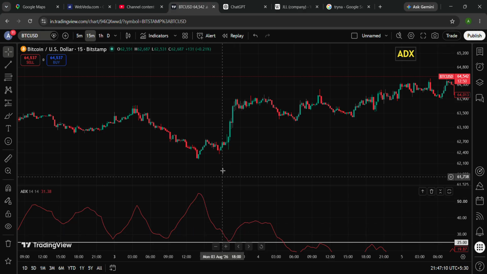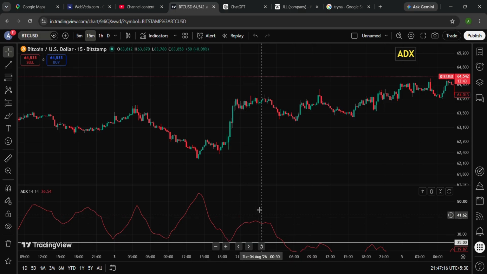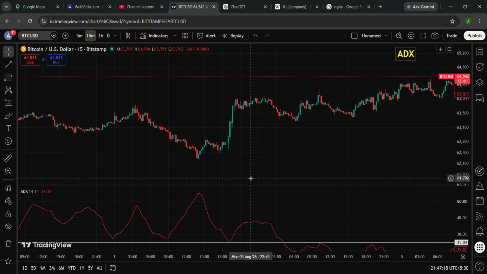Again, when it moves upward, you will see the ADX also moving upward. So this is what ADX means. It is a little bit complex if you are a complete beginner in the market, but ADX literally tells you the power of the trend.